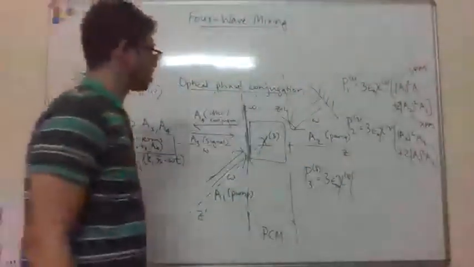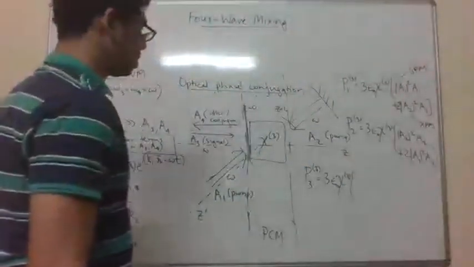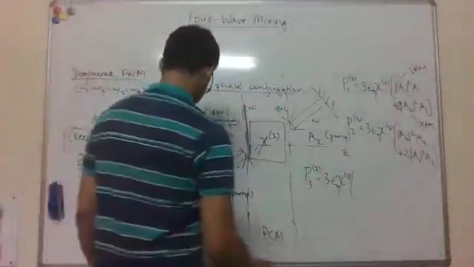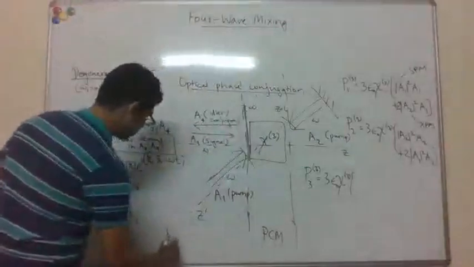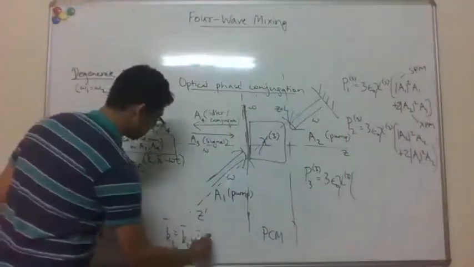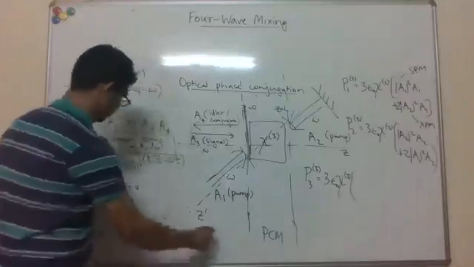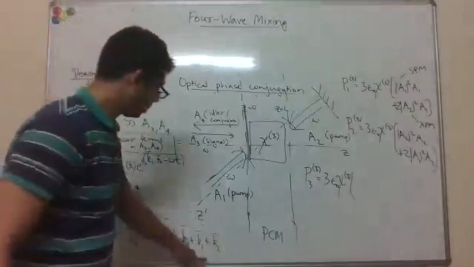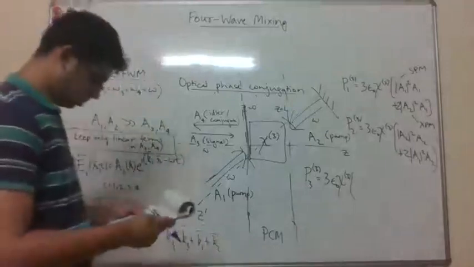Sir, K3 plus K1, K2. K1, K2 cancel each other, so we'll get the K3. So we're saying I can write K3 as K3 plus K1 plus K2. Yes, sir, K1 and K2 are opposite. So that will give me A3, A1, A2.